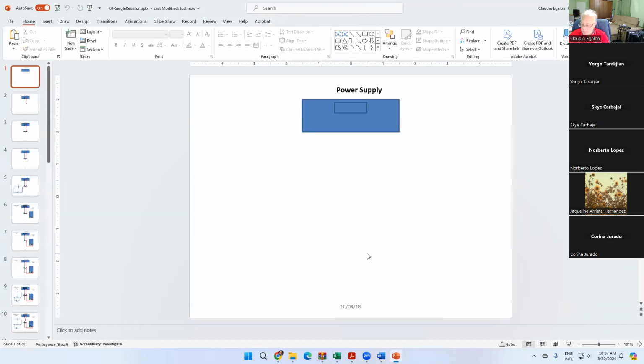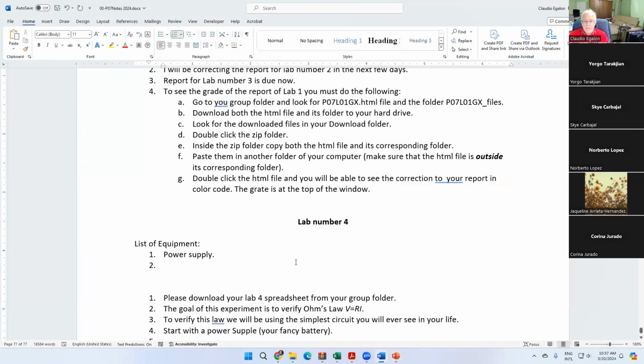Okay, and then the power supply has a positive jack and a negative jack. Red and black. Red positive, black negative. Okay. So red cable with banana connection.